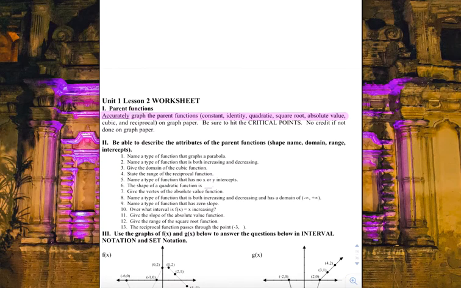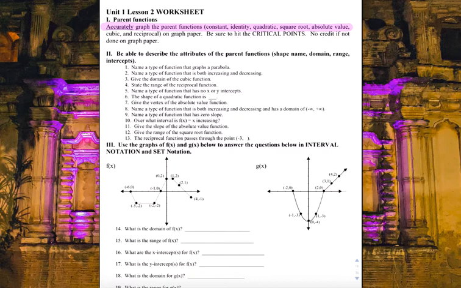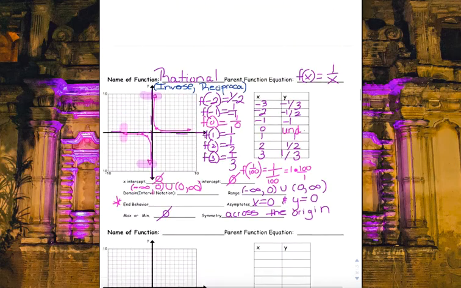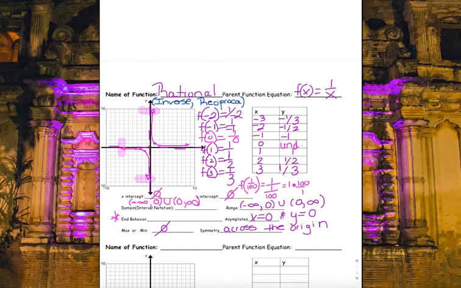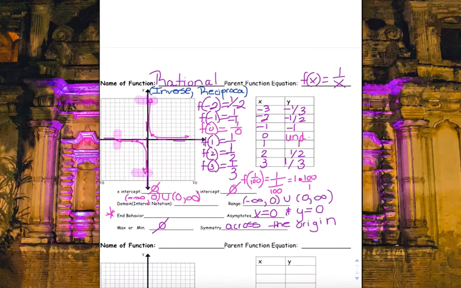However, in order to accurately prepare for your quiz or your test for this unit, you need to keep practicing graphing every single parent function until you can do it without looking at your notes. So that means just by being given the rational function, you should know the equation, know how to create a table, therefore create a graph, and then as you see, being able to answer questions comes straight from your graph.